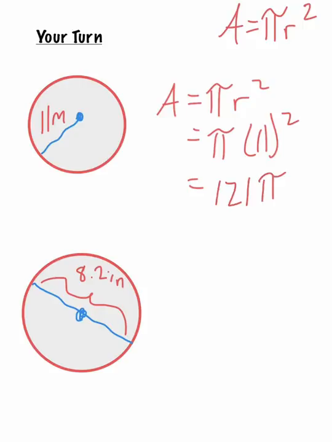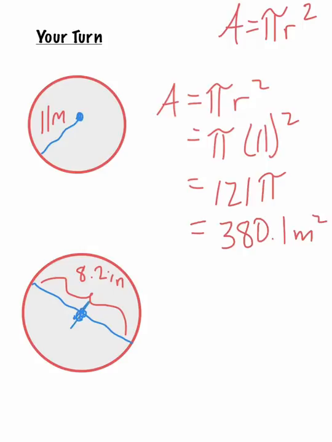So 121 pi. This is the perfect answer. I would take that. But then if we want to use 3.14 in our calculator and solve it through, we get 380.1 meters squared.